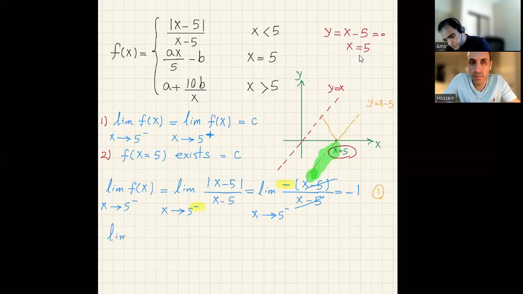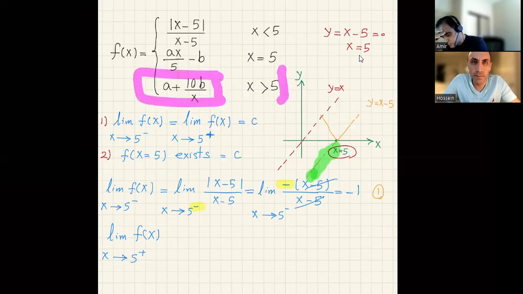So the other condition, limit of f of x, x approaches 5 from the right side. Since it's from the right side, and since we have the piecewise function here, that is going to be this one. Right.